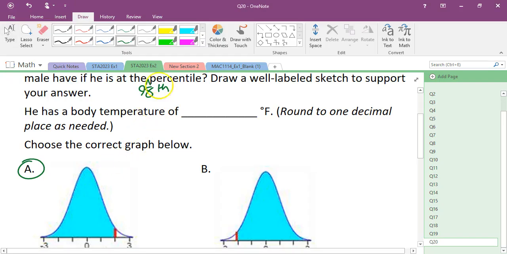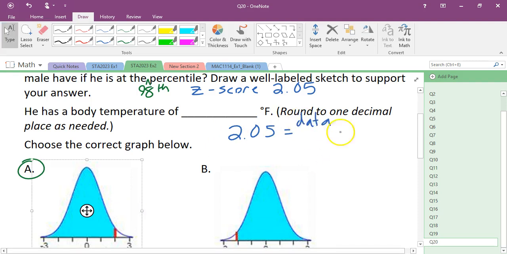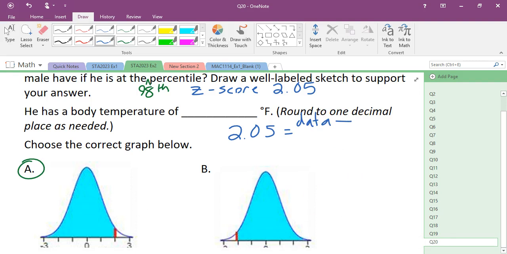So for the 98th percentile, the z-score we just found is 2.05. All we do now is convert that back into the data. So 2.05 equals the data we're looking for minus mu.